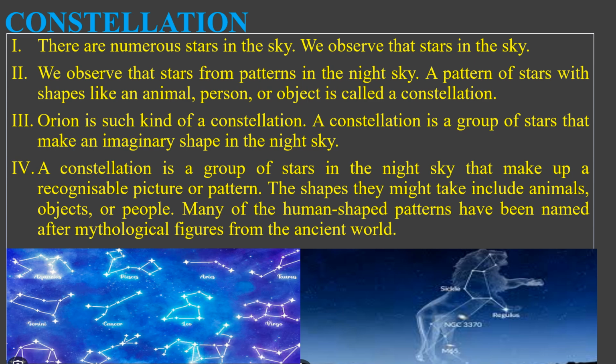A constellation is a group of stars in the night sky that make up a recognizable picture or pattern. True, if we look at the right picture, we can recognize these stars as they created a lion.